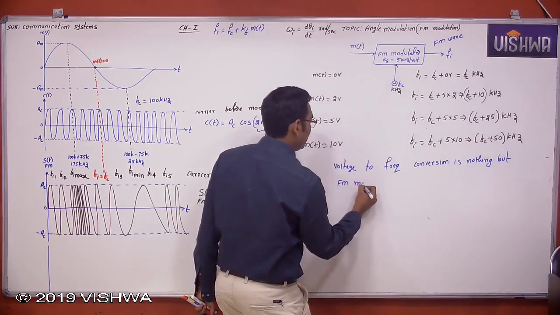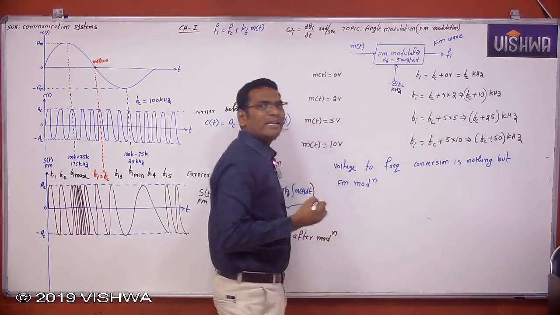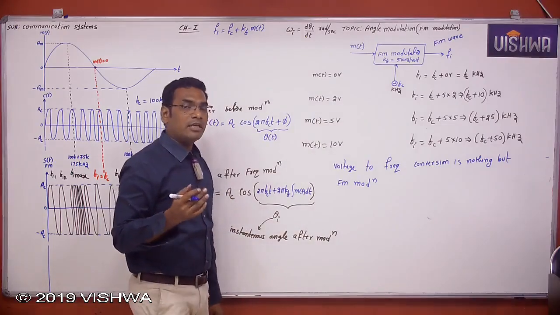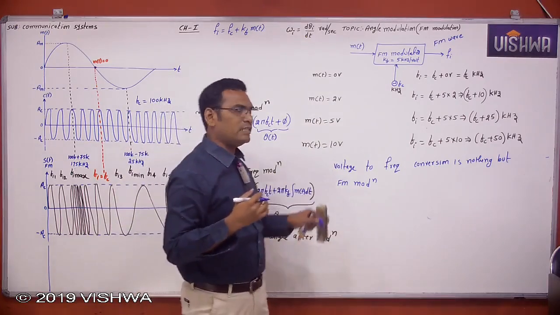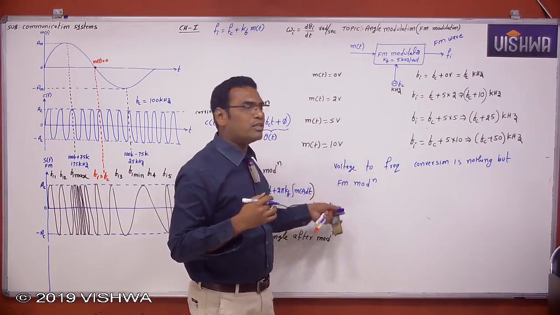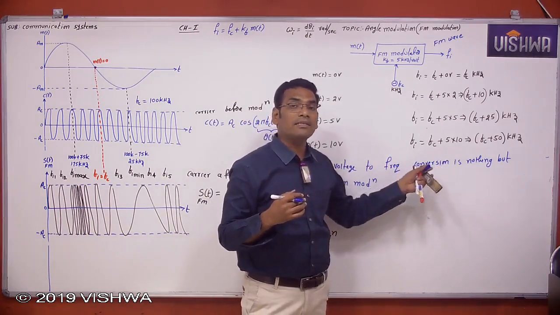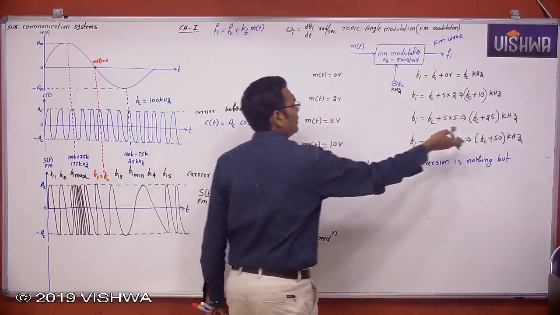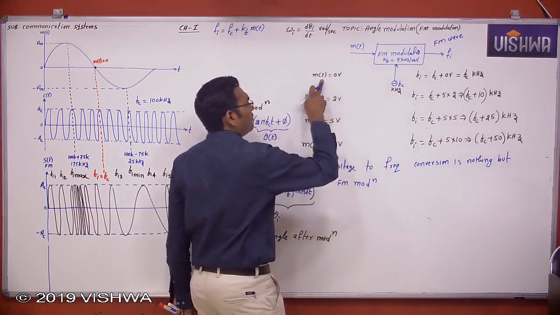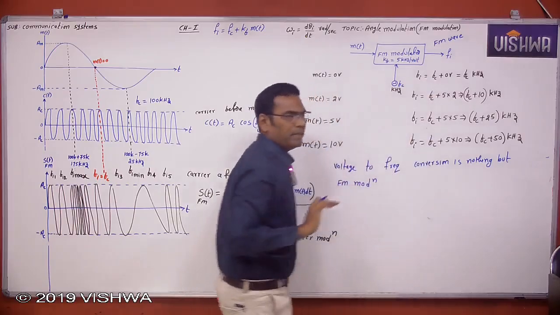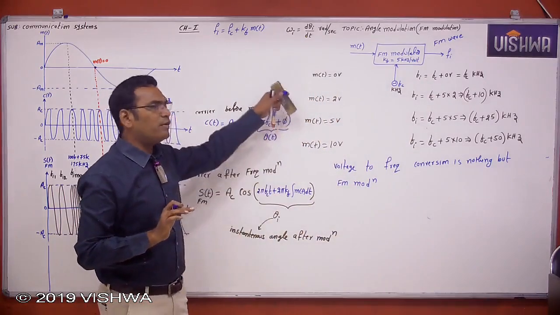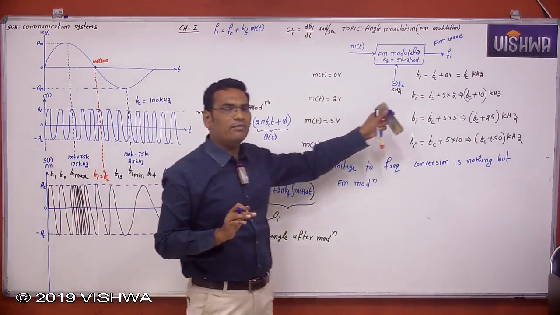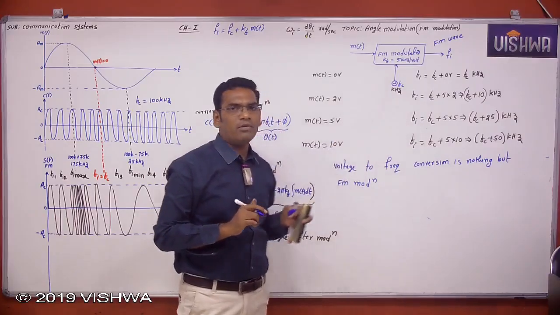In FM modulation the frequency changes corresponding to the voltage changes. If m of t is maximum, the frequency is maximum. If m of t is minimum, the frequency is minimum. Understand? Every voltage variation is converted to a frequency variation. This is nothing but the FM modulator. Simple example.